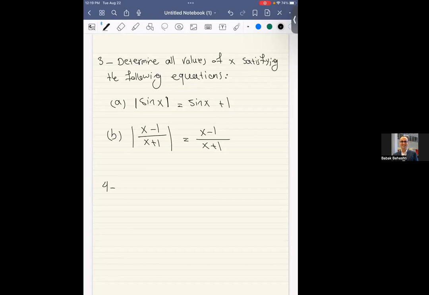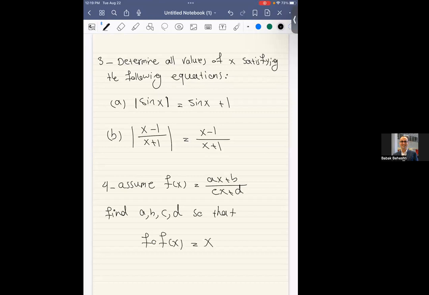I will explain it to you. And the last question is, this is f of f, meaning f of f of x.